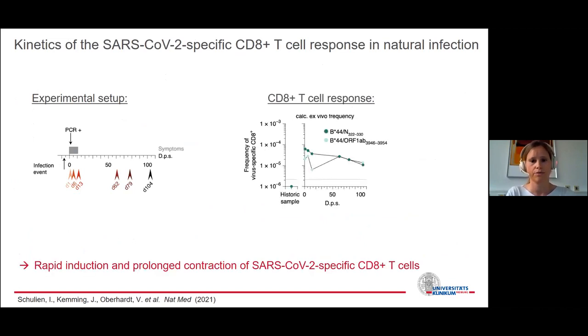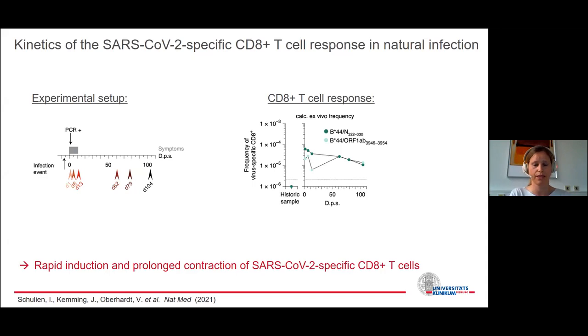We could appreciate that the CD8 T cell response, as depicted here by the green dots for 2 different epitopes, is induced rapidly. We could detect a decent fraction 1 day after symptom onset.